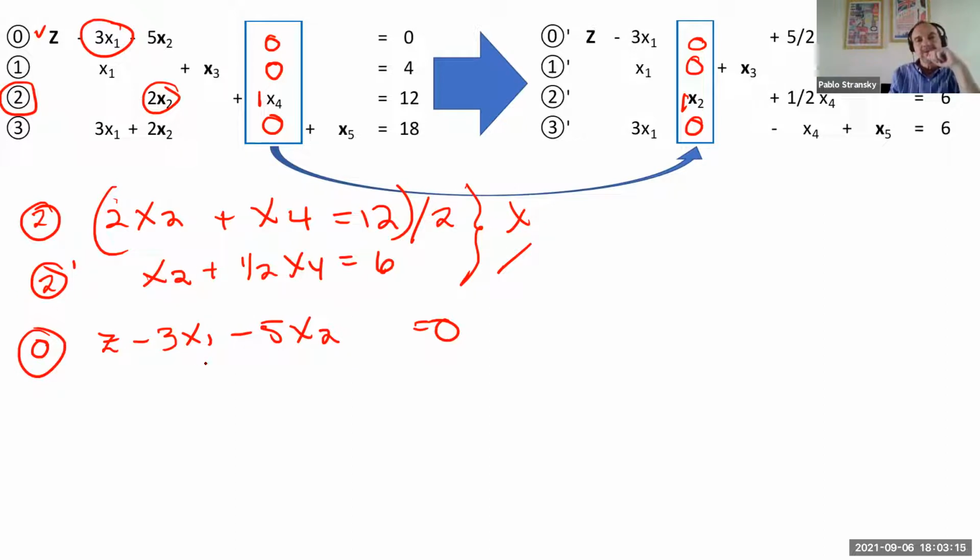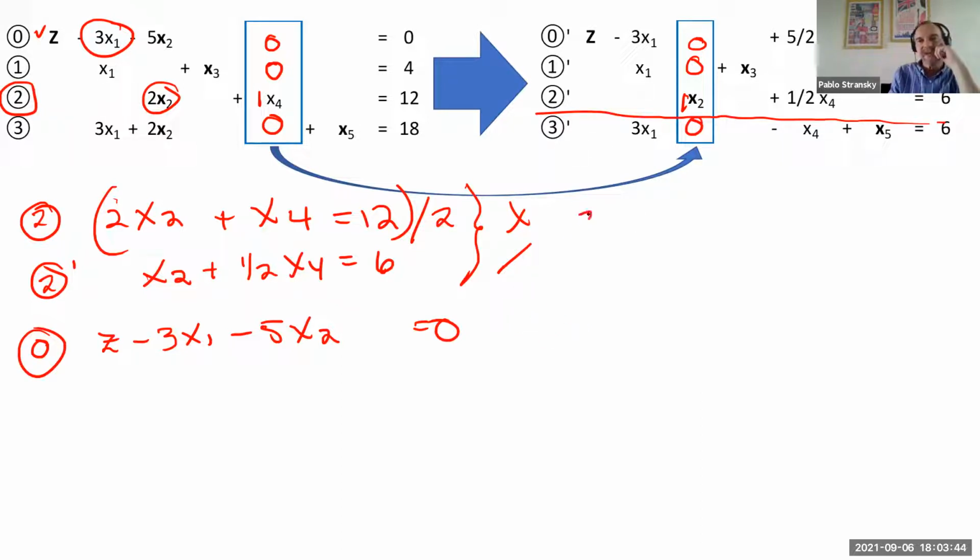In order to change these equations, I can add or subtract equation number 2 or equation number 2 apostrophe, and I can make some changes to these. So if I need a 5, what I have decided is I'm going to use my new equation here. I'm going to multiply it by 5 first.